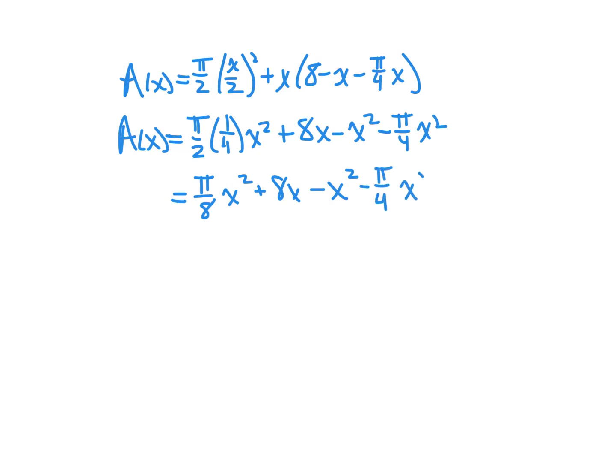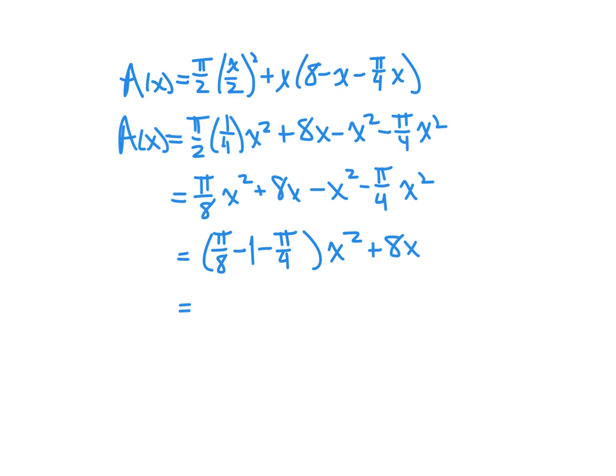Now with all those x squared terms, I'm just going to collect those coefficients, and we'll have pi over 8 minus 1 minus pi over 4, times x squared. And we'll still have that plus 8x off to the side. Now inside those parentheses, we can clean it up a little bit more.